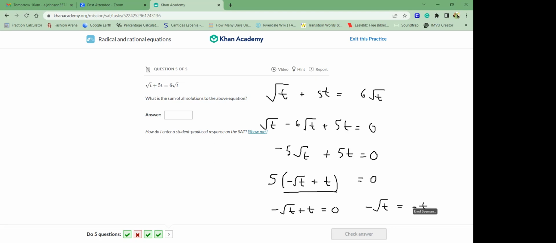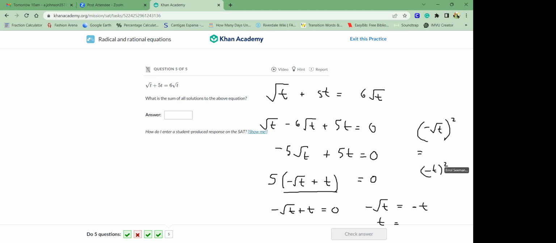Now square both sides. If you square, what's negative root t all squared? What is that? It's just t, right? So t equals, and then what's negative t all squared?